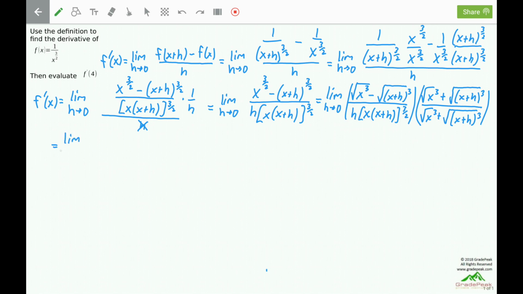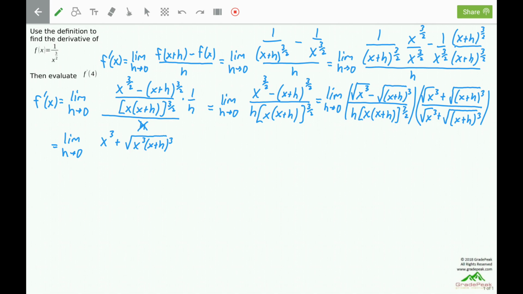This will now give us the limit as h goes to 0 of, in the numerator we have root conjugates. We're going to FOIL that out. First, root of x cubed times root of x cubed is x cubed. Outside, root of x cubed times root of x plus h cubed is going to be the positive root of x cubed times x plus h cubed.